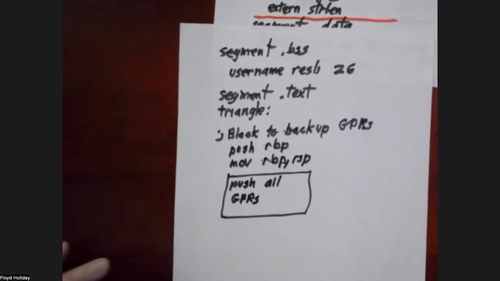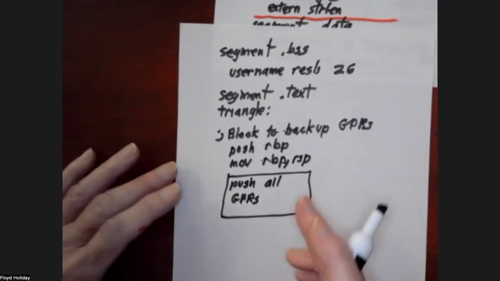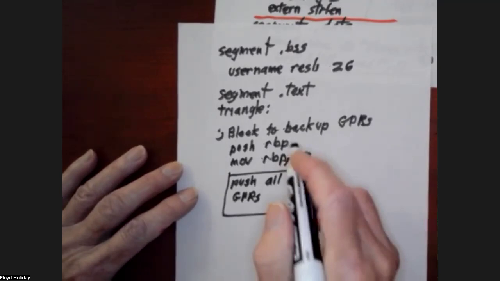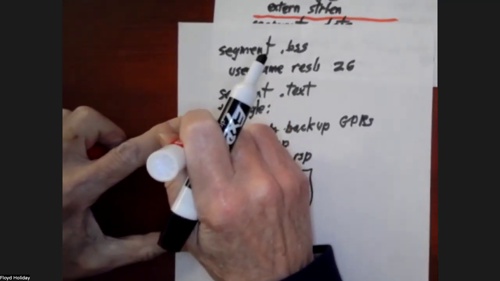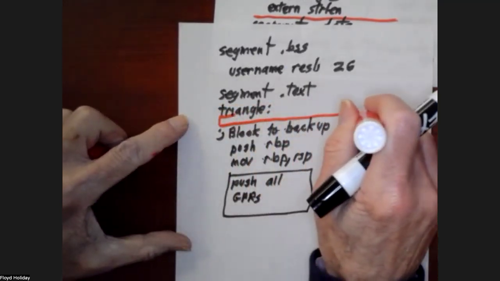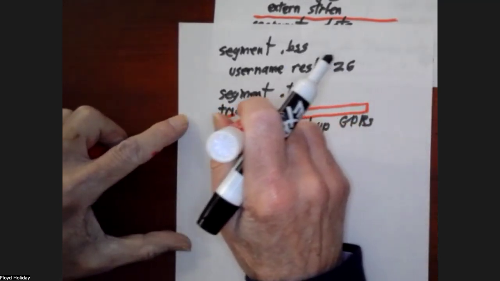It's tedious, but once you have it, or open one of my programs, just copy it and paste it over in your program. So that's the block of backing up general purpose registers. When we back them up, we have to restore them near the end of the program. There's a blank line there.